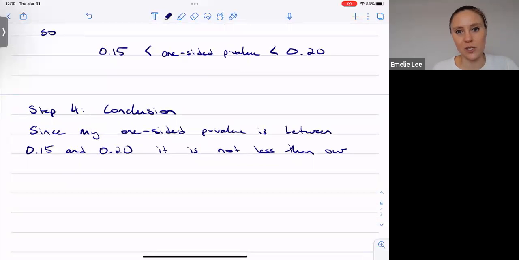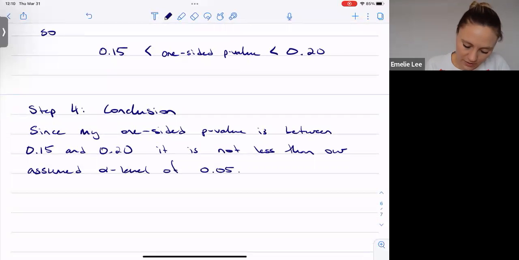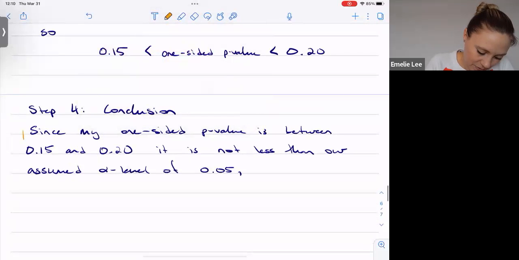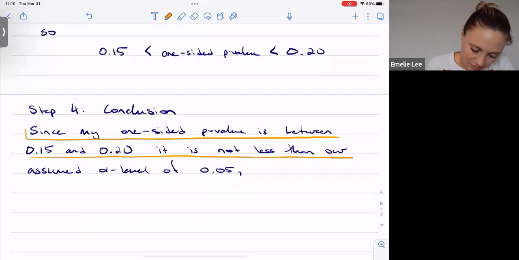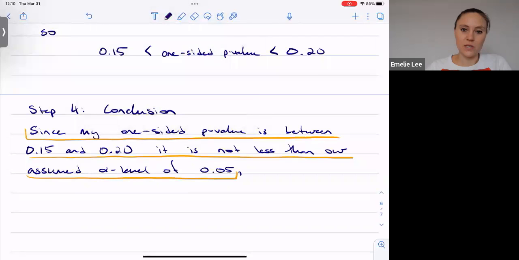But you can use the exact same terminology if you want to. So it's not less than our assumed alpha level of 0.05. This is the first part of our conclusion, right? Comparing my p-value to the alpha level.